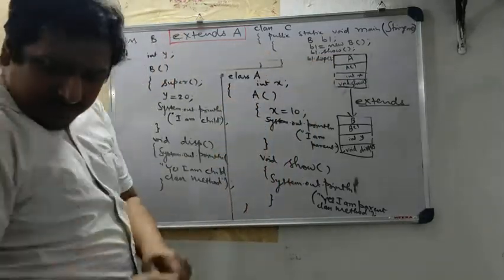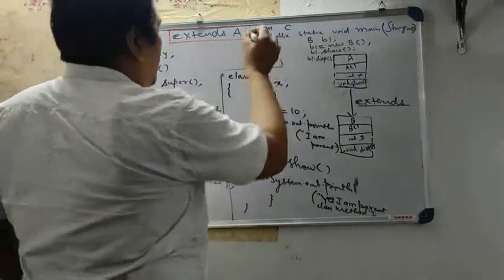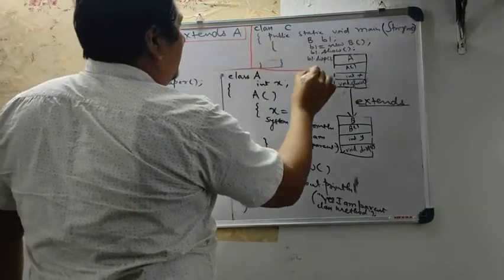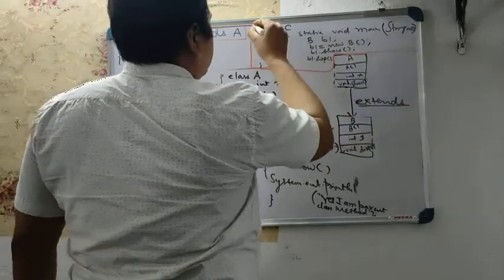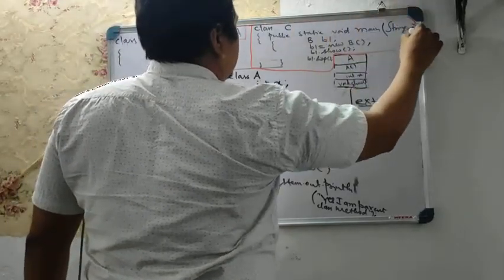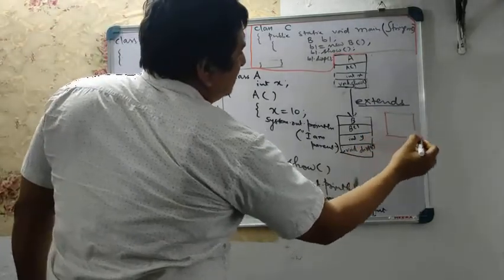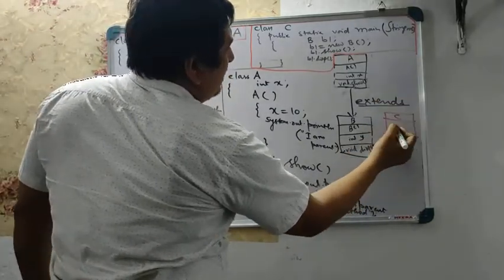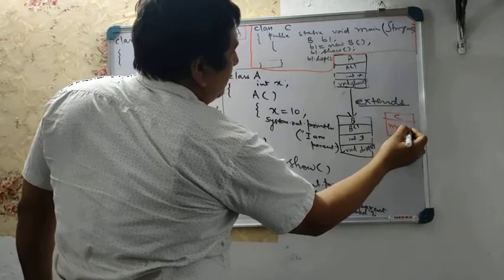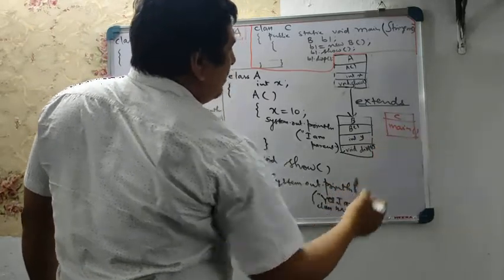This is the main program that we have defined here. So we have another class C, which is actually containing the main method, from where our execution will start.